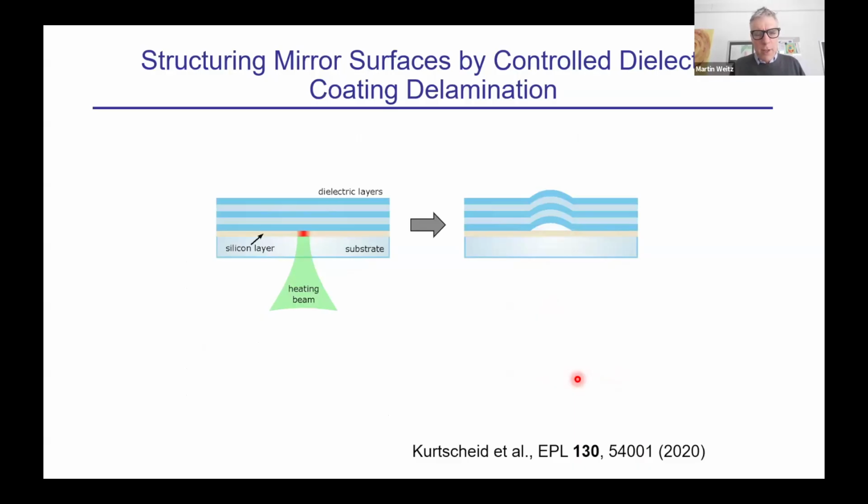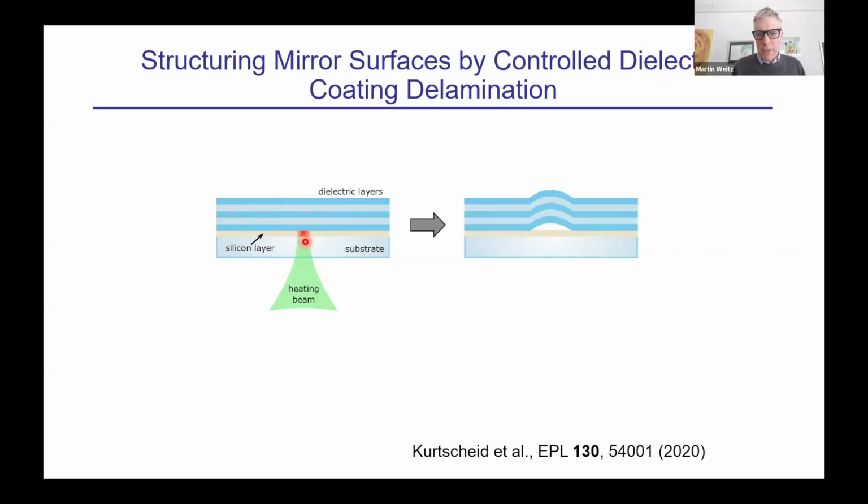What we do is the following. We ask our mirror coaters to put a dielectric silicon layer on top of the substrate, and only then we ask them to put the dielectric coating. What one then can do is focus a laser, a so-called heating laser beam, prior to operation of the microcavity onto the silicon layer.